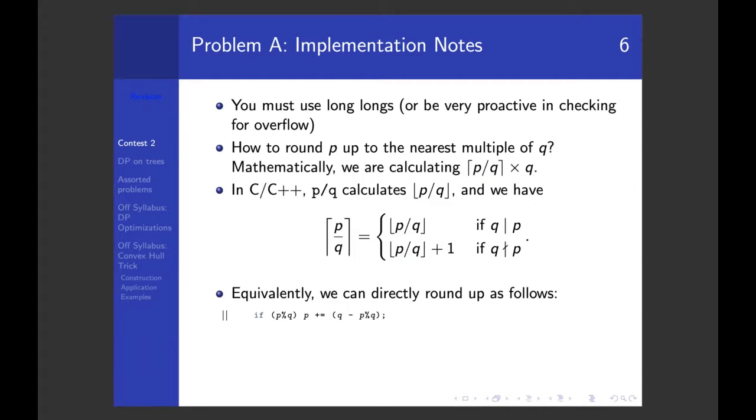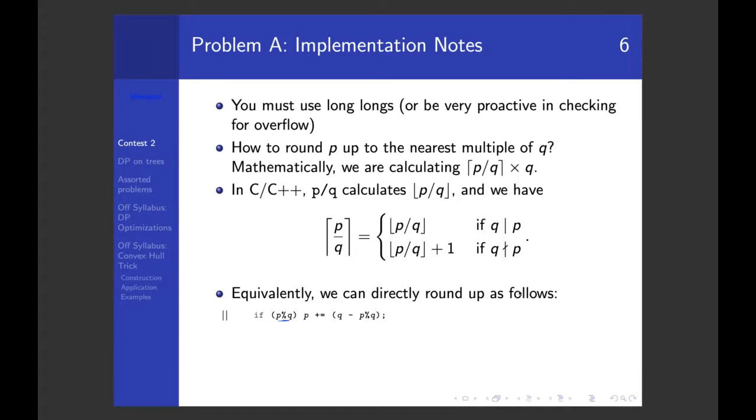Alternatively, you can directly round up by doing this. So if P mod Q is 0, then Q is a factor of P, sorry, getting mixed up, which means we can then catch the next train immediately, straight away. There's no need to wait for a train.